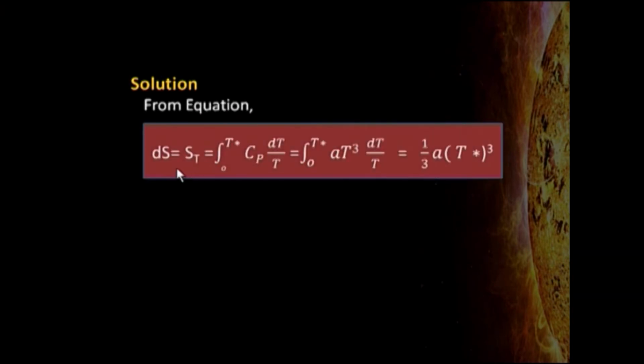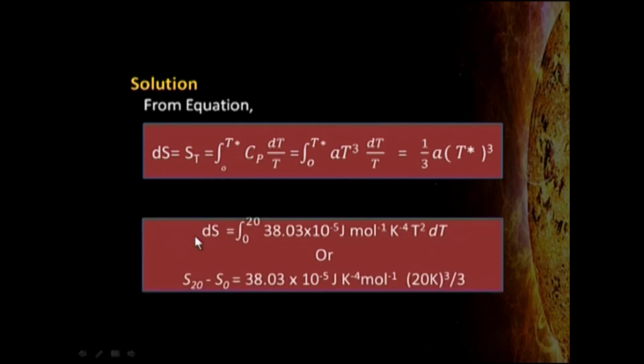Now, from the equation, dS is equal to Cp by T dT, so S_T equals the integral within the limits 0 to T star, which will be equal to the integral of A T cube divided by T dT within the limits 0 and T star, and that will be equal to 1 by 3 A T star cube.